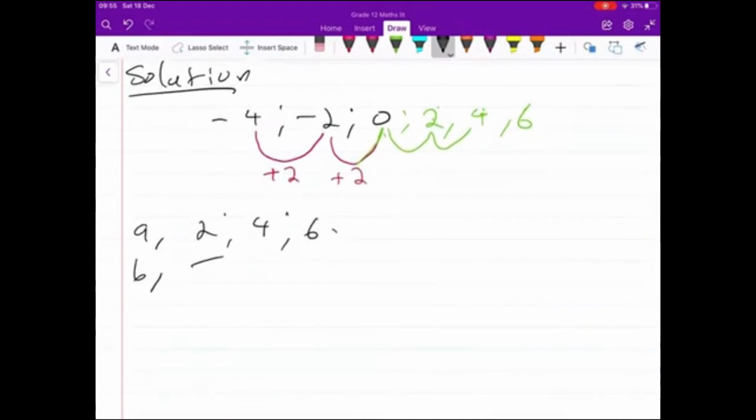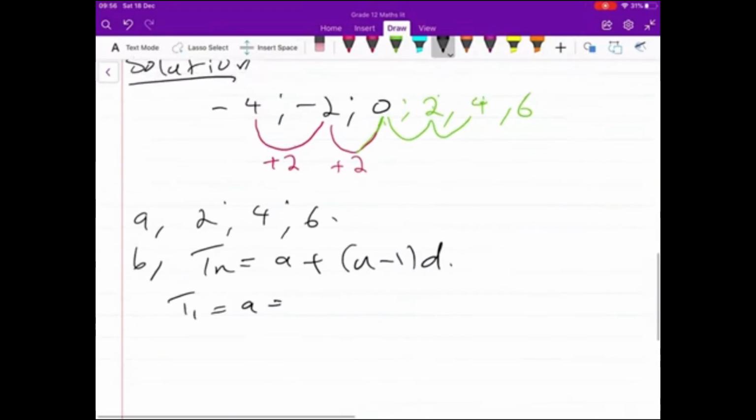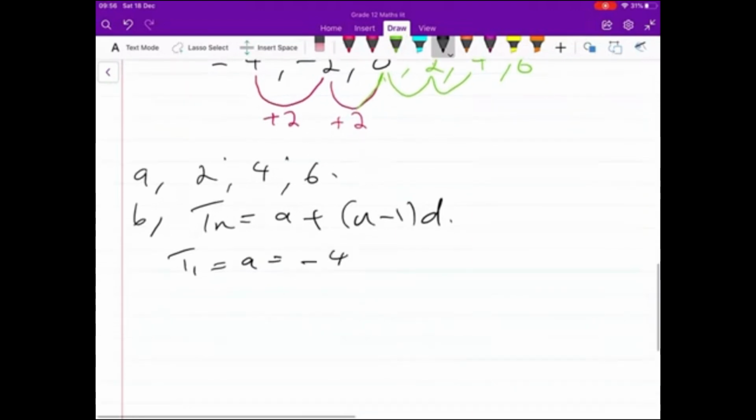Okay. Write down a mathematical formula for the nth term. So first we can use this one: Tn equals a plus (n minus 1)d. That's the first one that we can use. Well, T1, our first term, of course, we know that it is minus 4. And then we have to find d. Remember, for an arithmetic sequence, and you must have determined that this is an arithmetic sequence, we say the next term subtracted by the previous term.